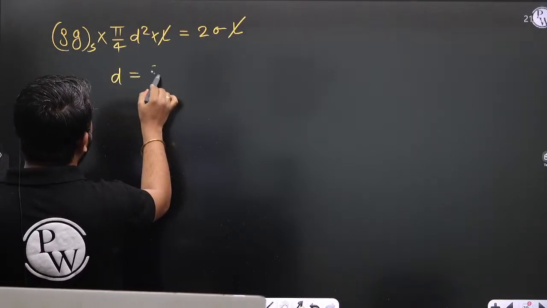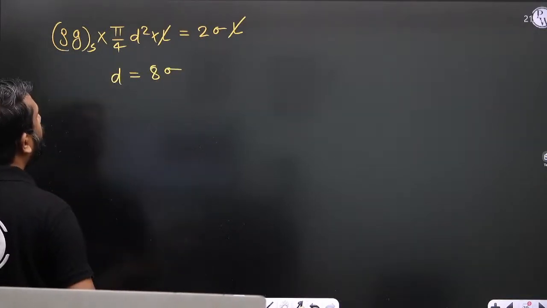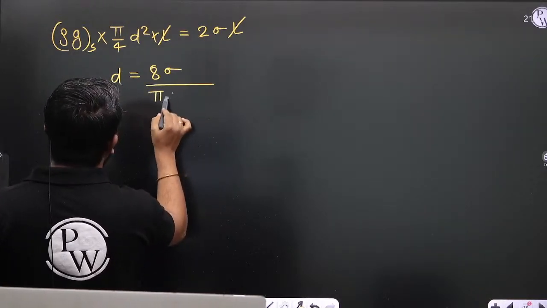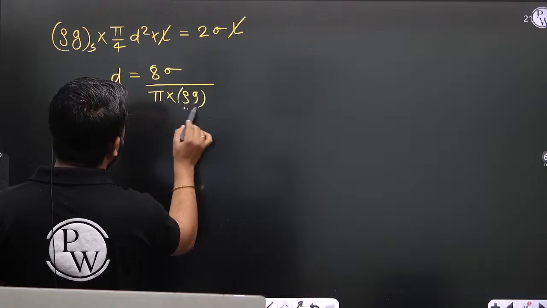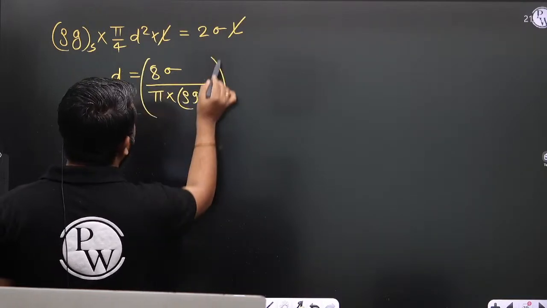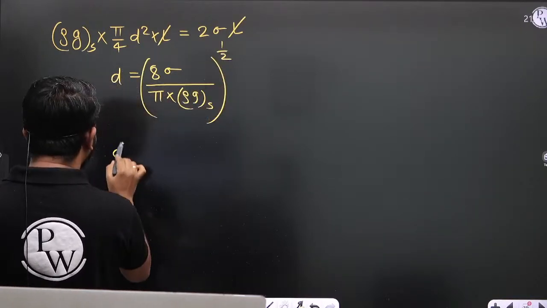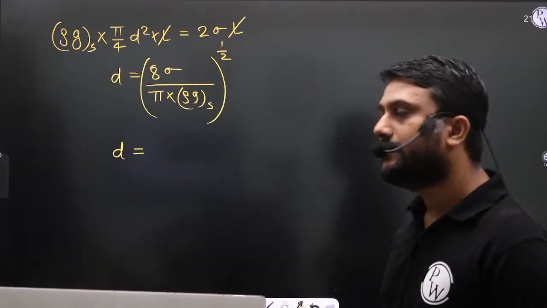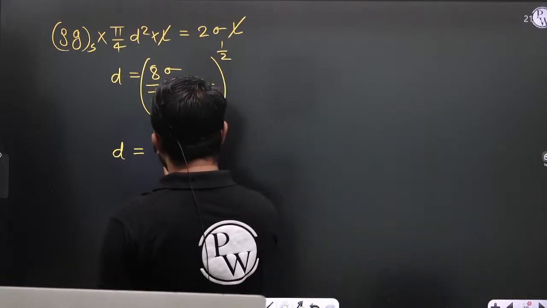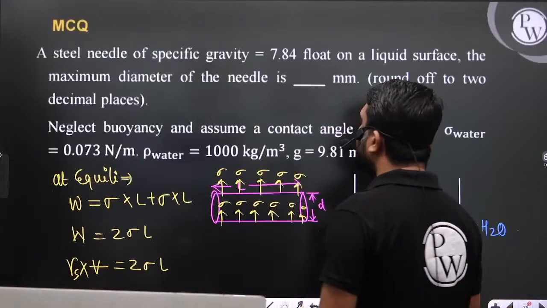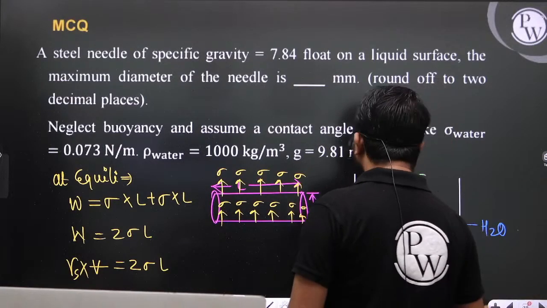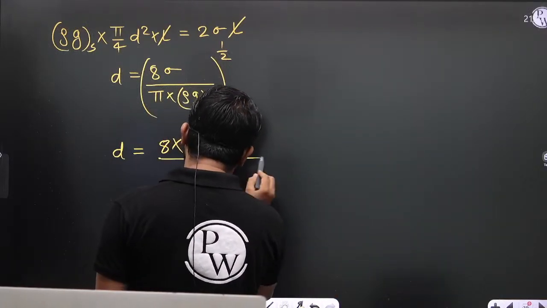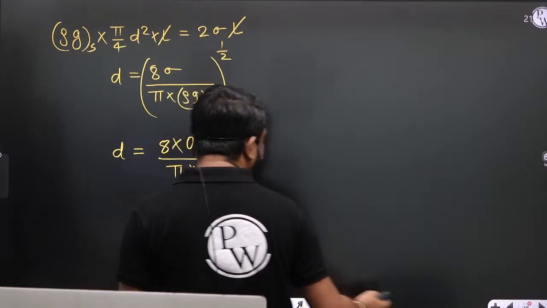So this is 8 sigma divided by pi into rho g of steel, to the power 1 by 2. So you can calculate D from here. This is 8 multiplied by sigma, and sigma is 0.073 Newton per meter, divided by pi multiplied by the density of steel.